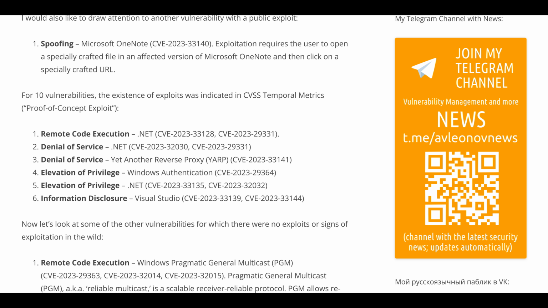Elevation of privilege in Windows authentication, CVE-2023-29364. Elevation of privilege in .NET, CVE-2023-33135, CVE-2023-32032. Information disclosure in Visual Studio, CVE-2023-33139, CVE-2023-33144.